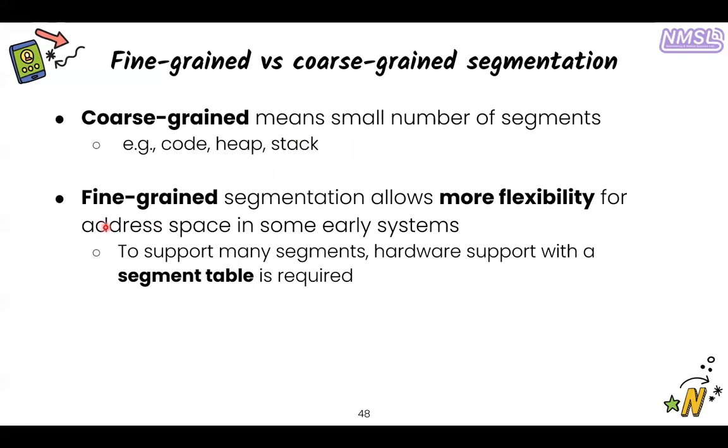In the old systems, there were even systems with finer grain segmentation that allowed more flexibility for the address space. But then you have to support many segments, with more hardware support like a segment table. So one might feel enough is enough. I think most systems today just go with coarse grain.